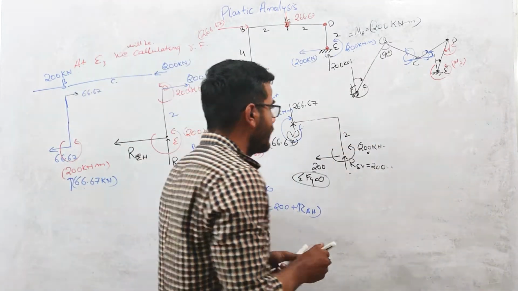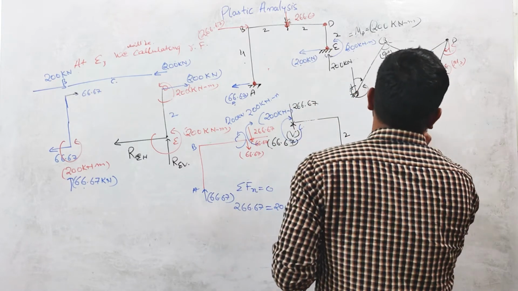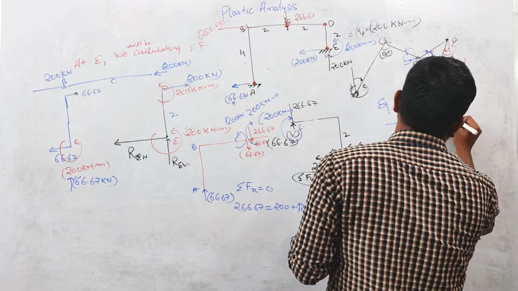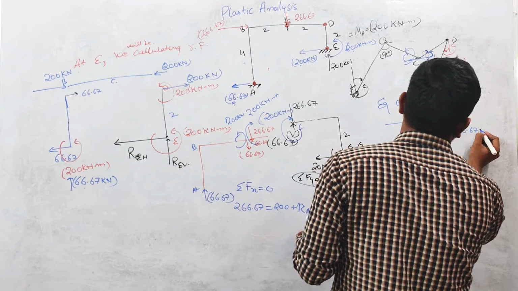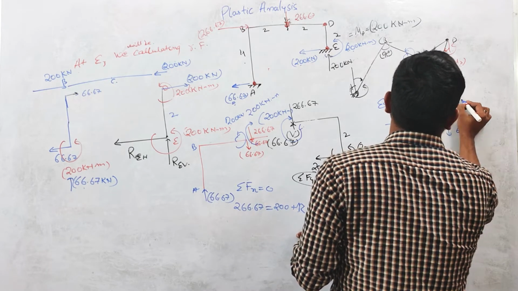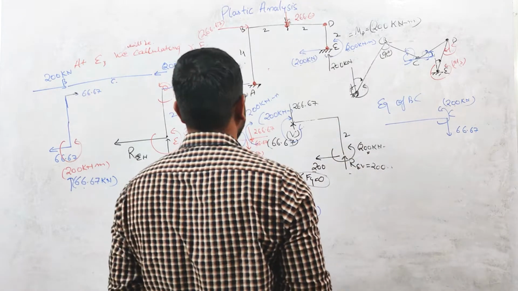If you consider the equilibrium of the BC portion, one force is acting in the downward direction at this C end, 66.67 kilonewton. The moment is 200 kilonewton meter, acting in the anti-clockwise direction, right?